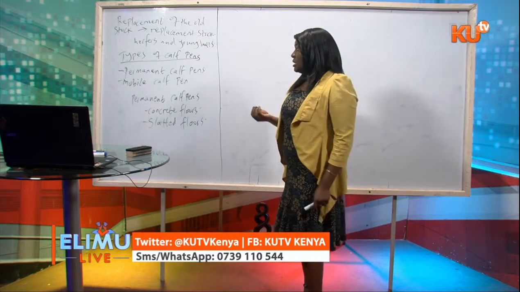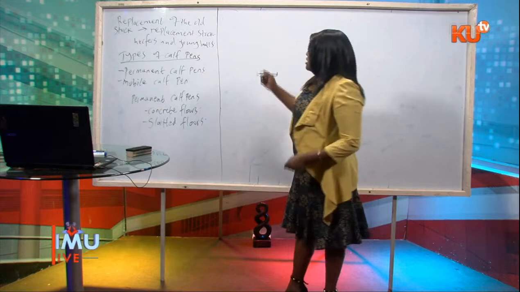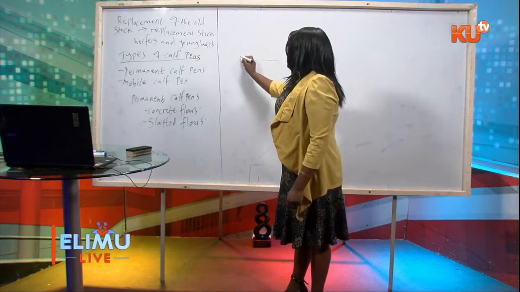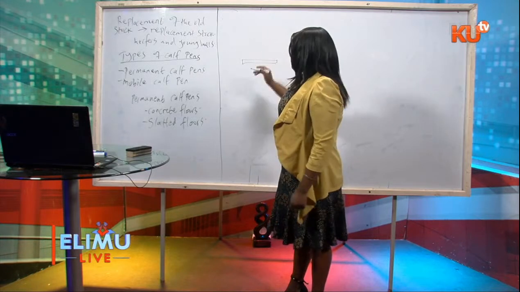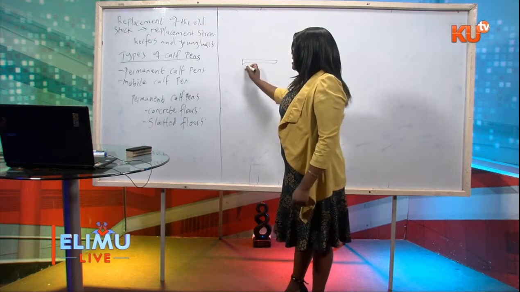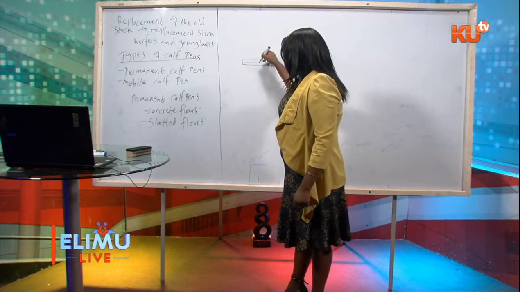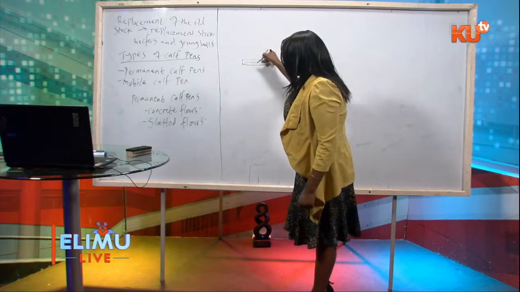The drainage is good because the slated floors have timber on the bottom, and the timber on the floor of the calf pen is not in contact with each other. So they are divided by a gap. There's a gap between two timber pieces.